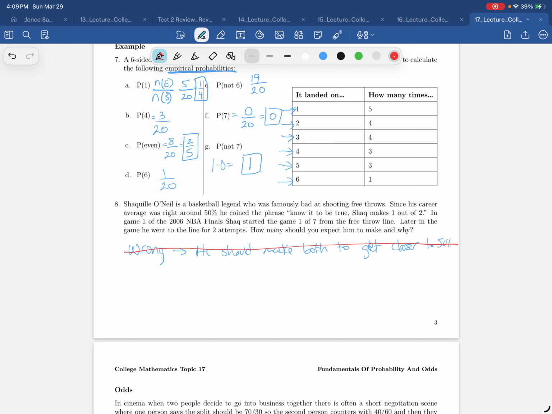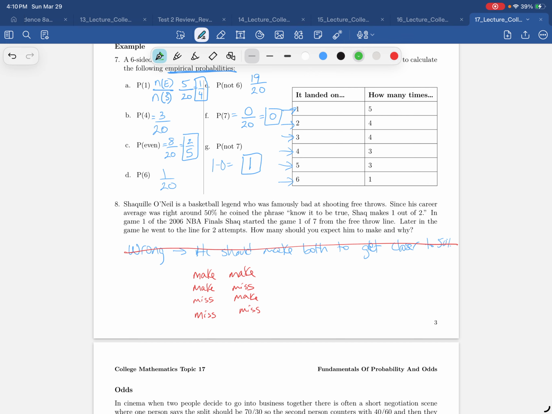In fact, if we look at the sample space of those 2 attempts, all the possibilities are that he gets a make and then a make, or a make and then a miss, or a miss and then a make, or a miss and then a miss.